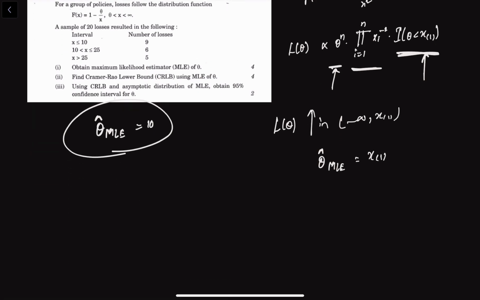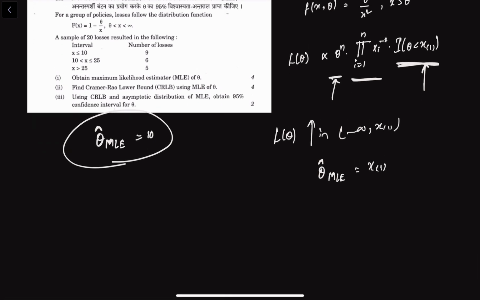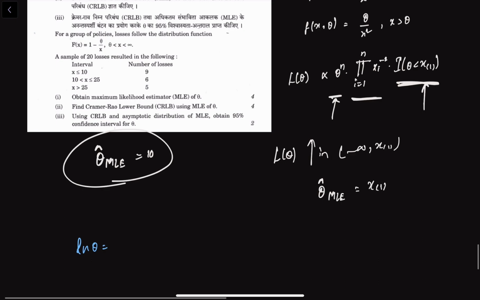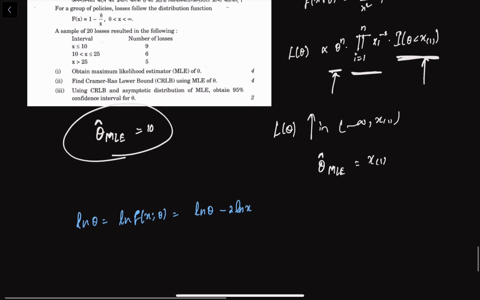Now we also need to find the Cramér-Rao lower bound using this MLE of theta. First, if I consider ln f, the ln of this density, that is ln theta minus 2 ln x.